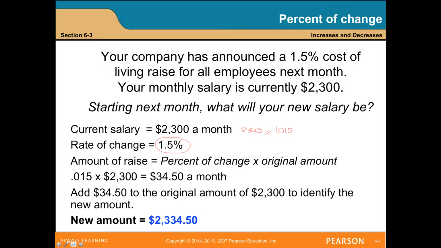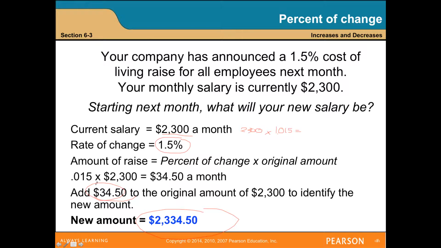Which is itself again. And then you're also adding 1.5%, which is this part here. So by adding it together, you get the final amount without knowing the amount of the increase.